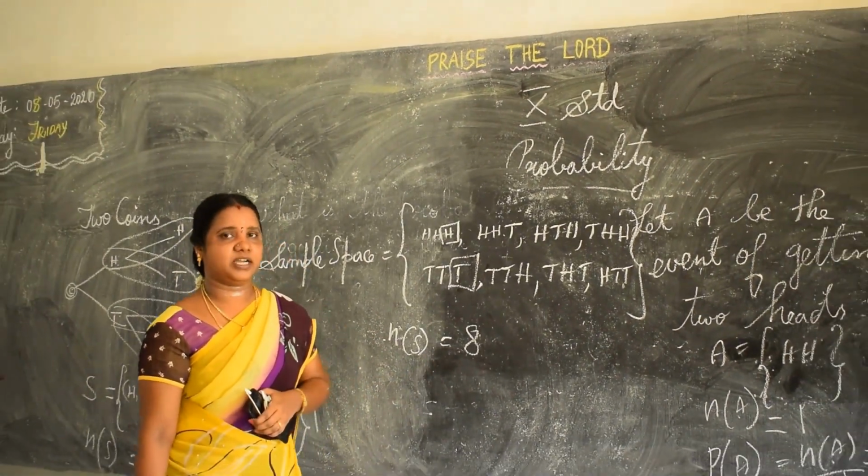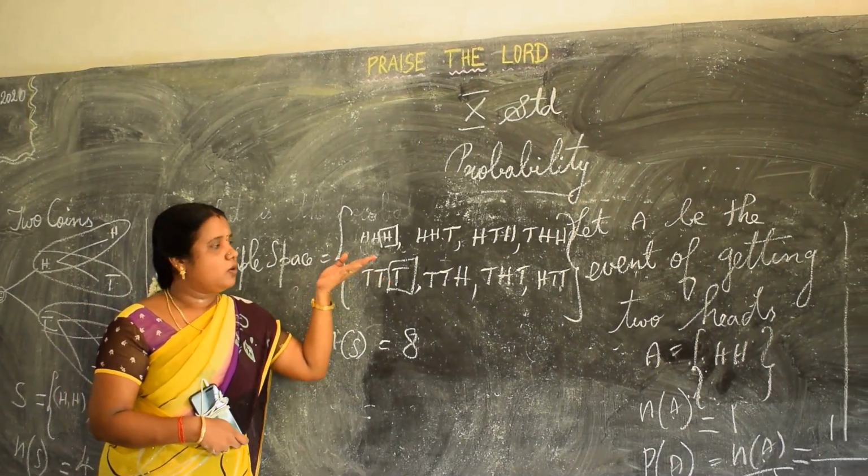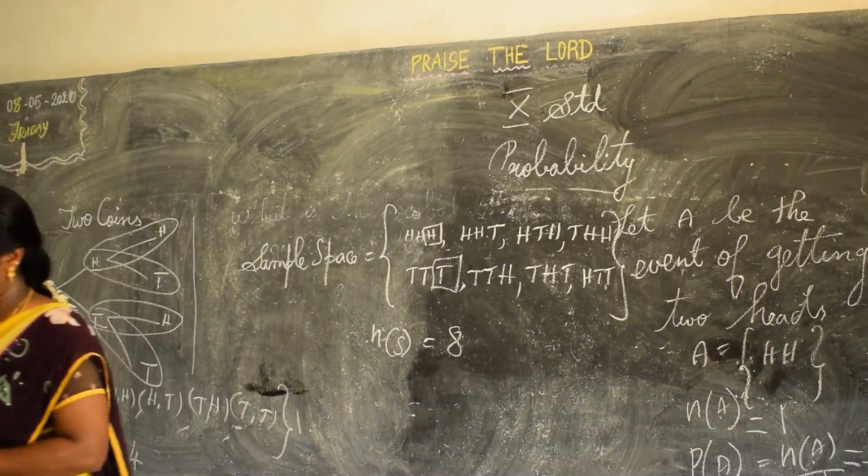See how they will ask in a problem: what is the probability of getting 3 heads? What is the probability of getting 2 tails? See here, we will see one problem.